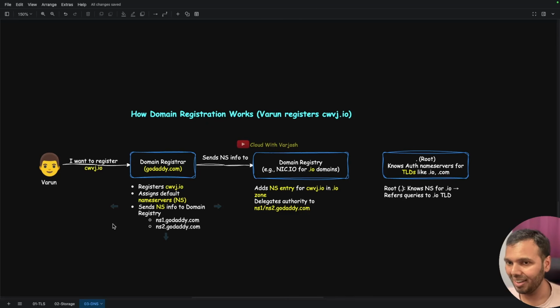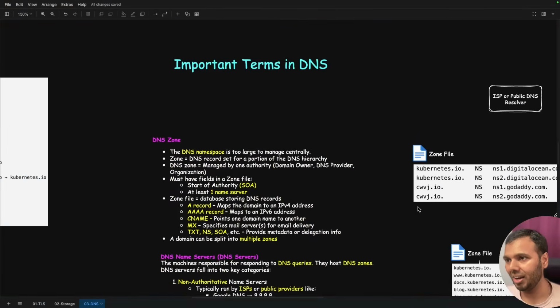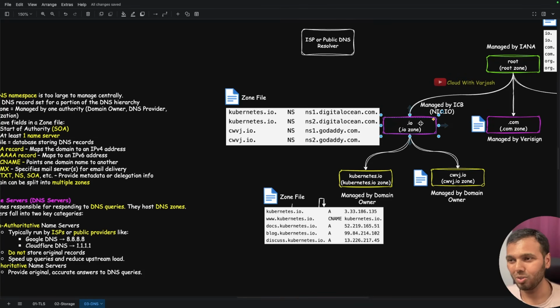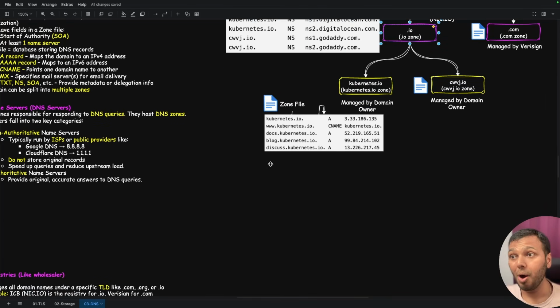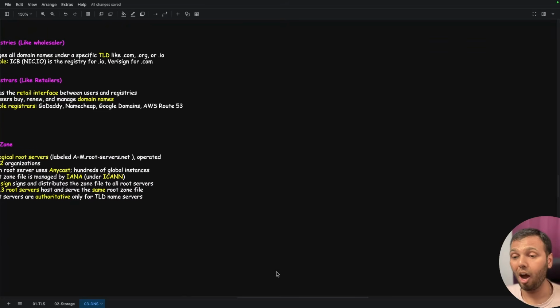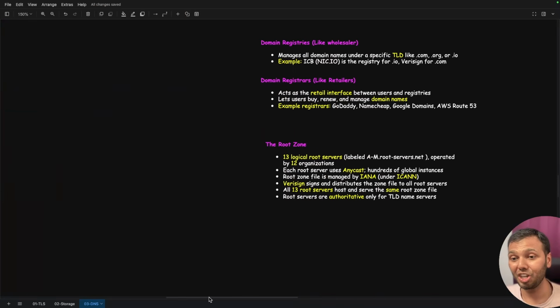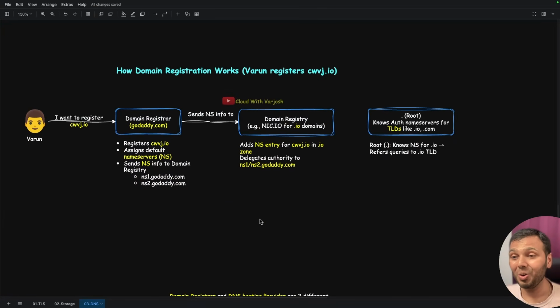Now understand here, how can these name servers reach the domain registry? Because if I want the .io zone file to have the details of cloudwithvarjosh.io's name servers, then .io must have those details, and how are those details shared with the .io TLD?